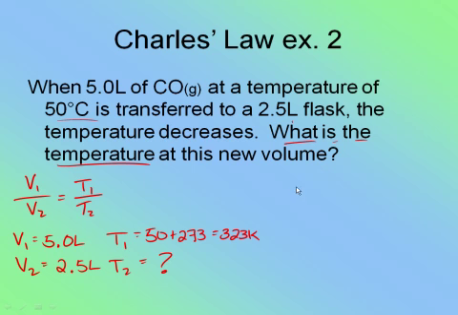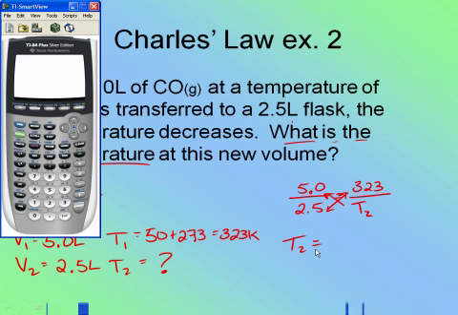So plug in my numbers. 5.0 over 2.5 equals 323 over T2. Cross multiply and solve for T2. So let me punch it into my calculator real fast.